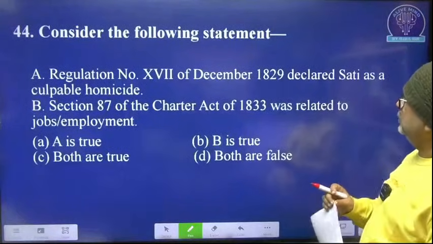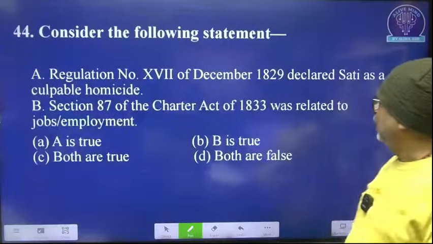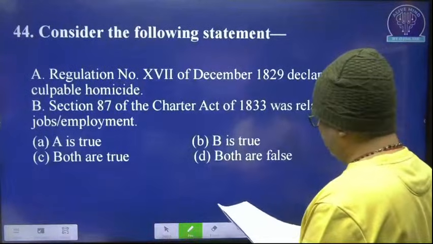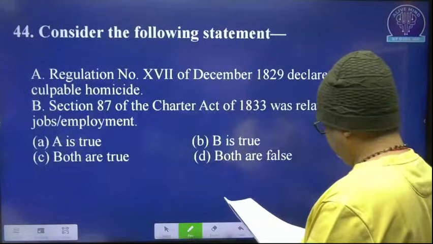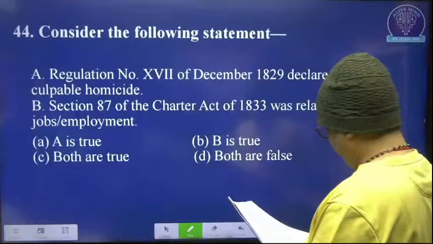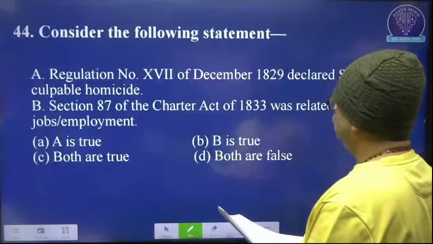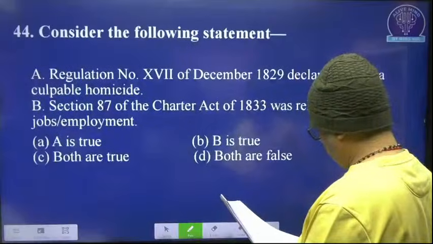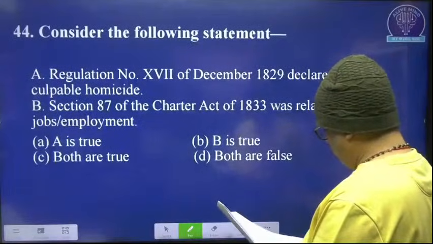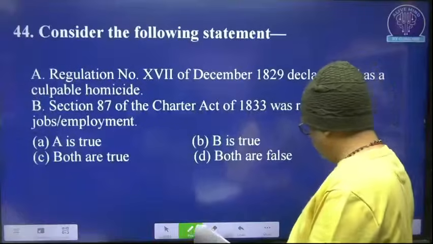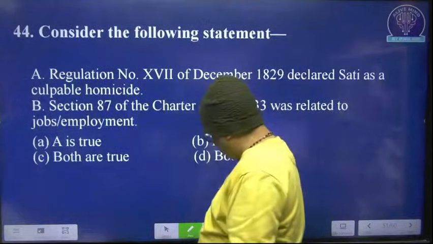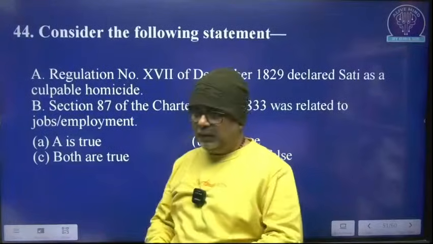Regulation number 18 of December 1829 declared sati a culpable homicide. Sati 1829. With it, which regulation?